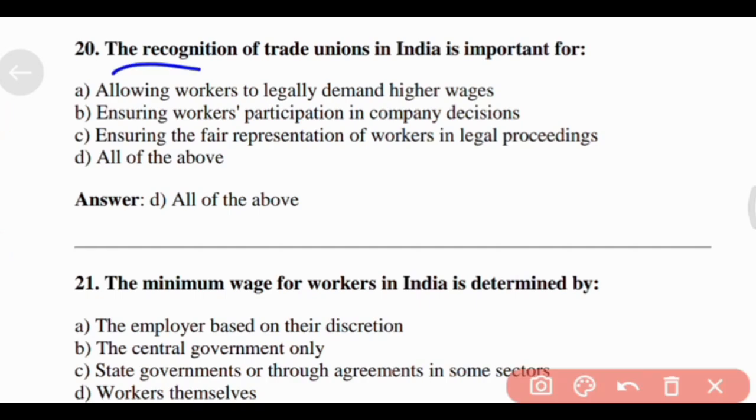The recognition of trade unions in India is important for all of the above. Option A, allowing workers to legally demand higher wages, ensuring workers' participation in company decisions, ensuring the fair representation of workers in legal proceedings.